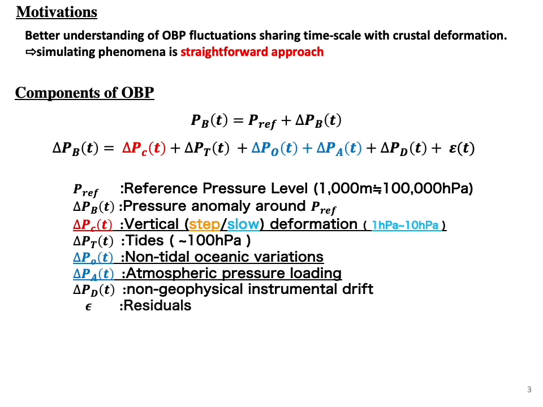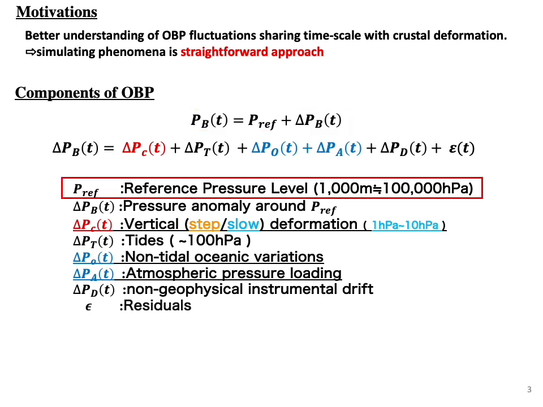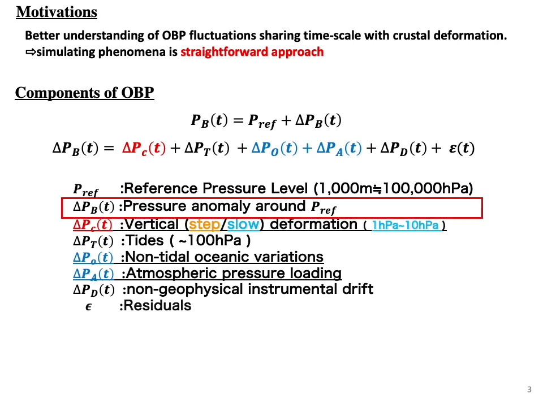Before discussing ocean models, I listed components of bottom pressure. Observed pressure value is P_obs and it includes P reference and delta Pb. P reference is the value that reflects the referencing pressure level of the local site. If the water depth is 1000 meters, gauges record 100,000 hectopascals. And delta P is the pressure anomaly. It deviates from P reference.